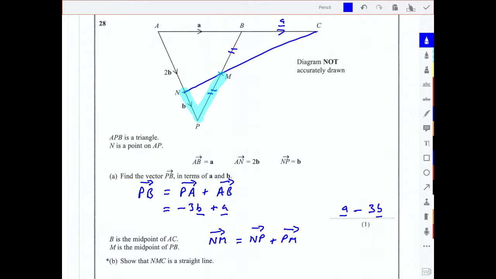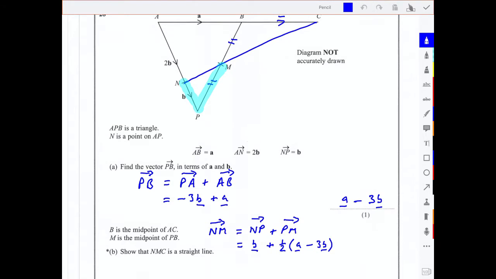Now PM, because M is the midpoint, PM is just half of PB. So I can write NP is b, straight from the diagram, and PM is a half of PB, and that was a half of this a minus 3b that we found in the first part.